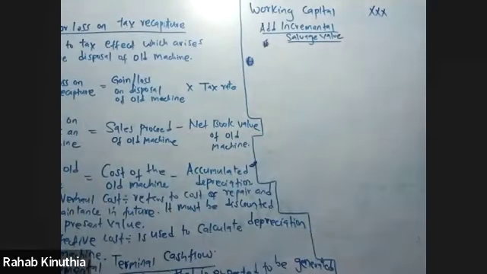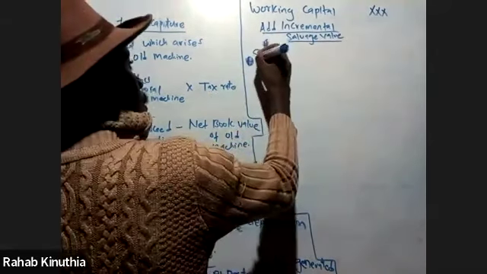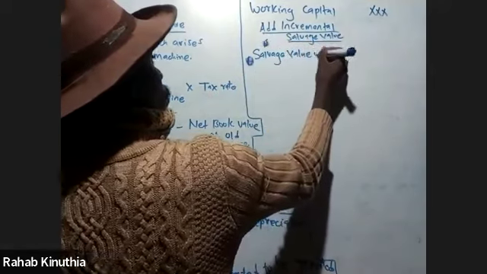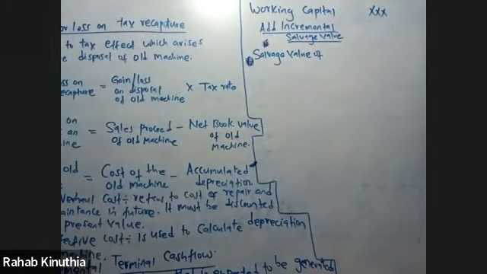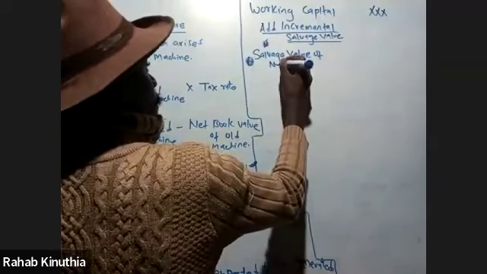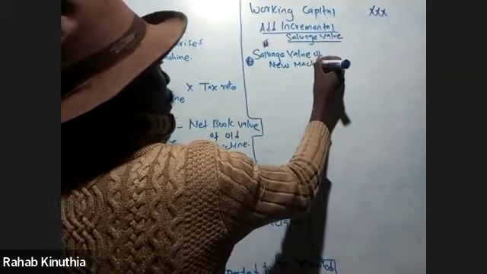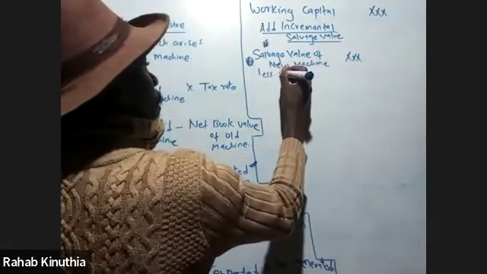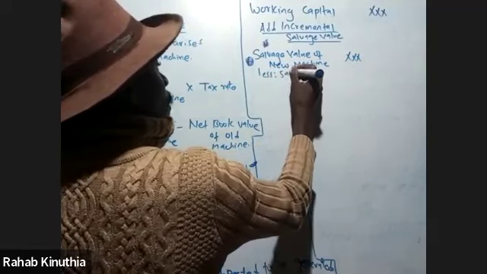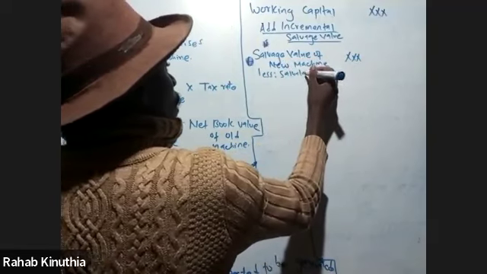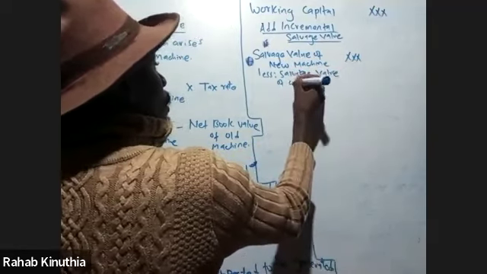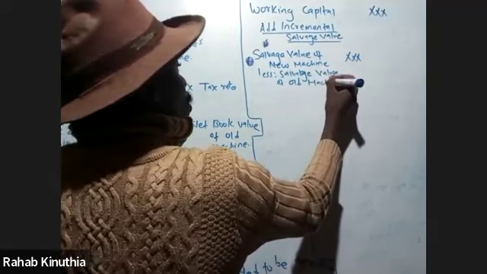So we add incremental salvage value. And how do we do it? We start with the salvage value of the new machine, less the salvage value of the old machine.